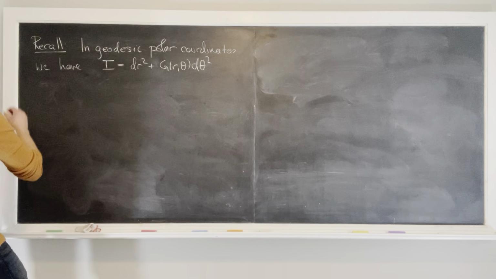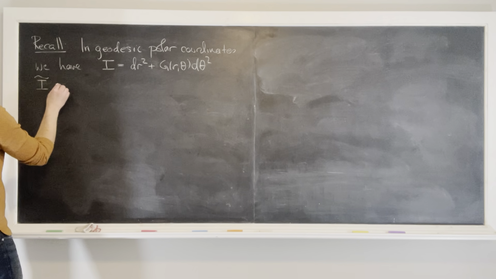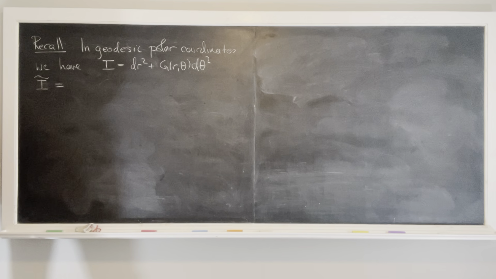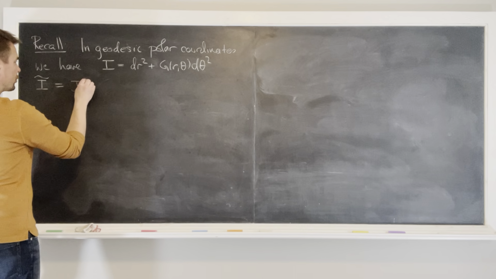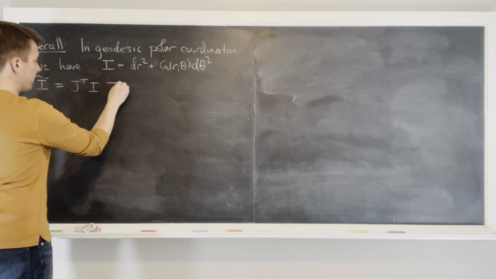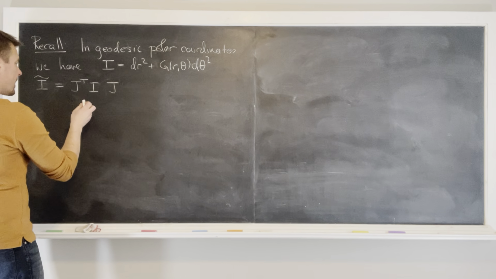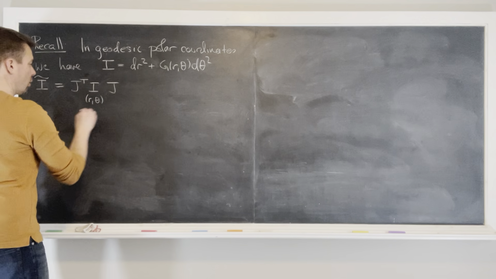Now, recall also that if I change coordinates, the first fundamental form changes like this. I tilde, the new first fundamental form, is going to be the Jacobian transpose, the original first fundamental form, the Jacobian. Now, these coordinates over here are going to be our r theta coordinates.